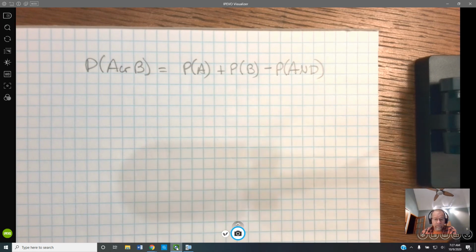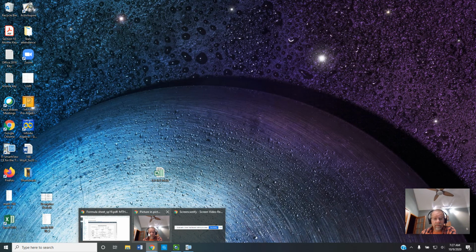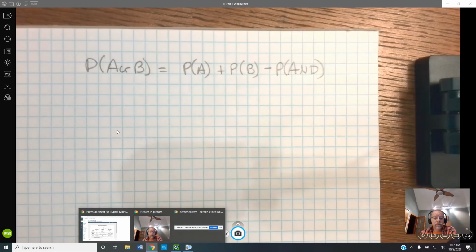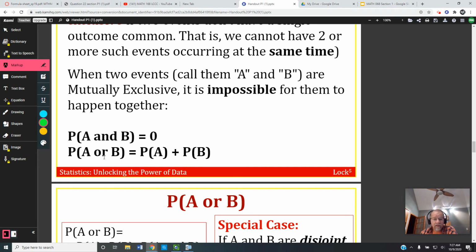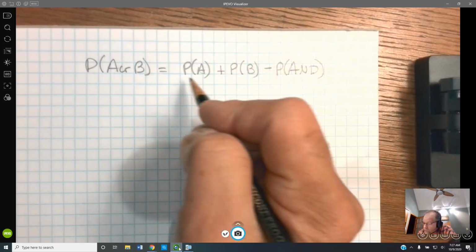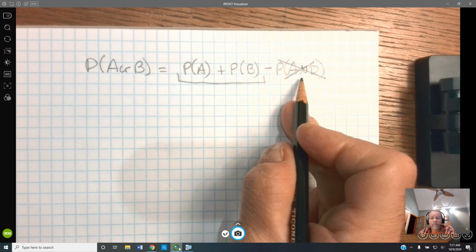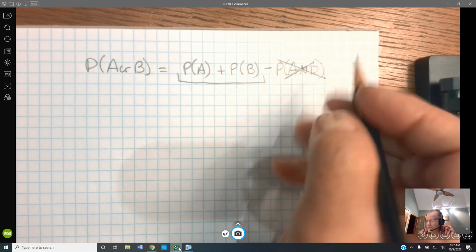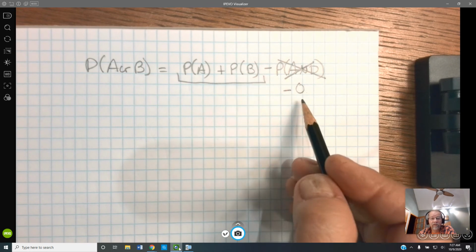It's saying that this whole disjoint thing, A or B, just equals A plus B. Well, that means this is gone. Why is this gone? Because there is no A and B. A and B is worth 0, and if you take away 0, you might as well have it be gone.